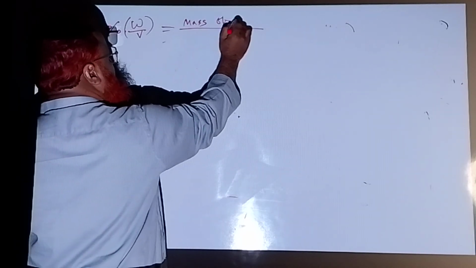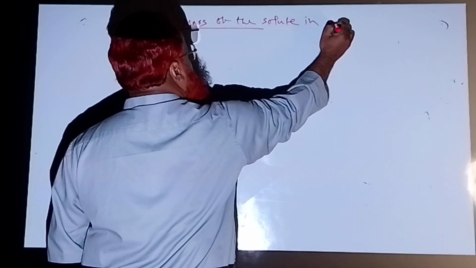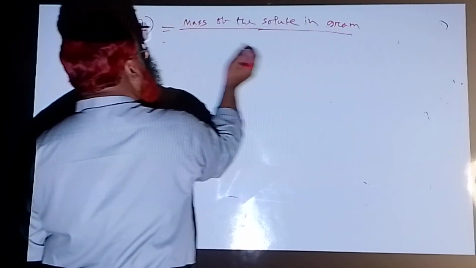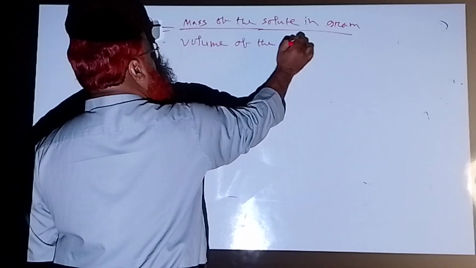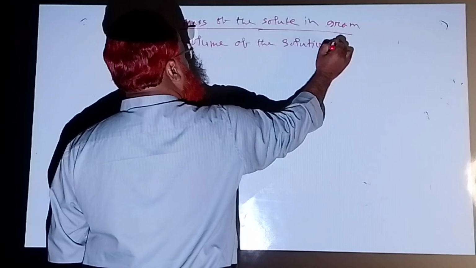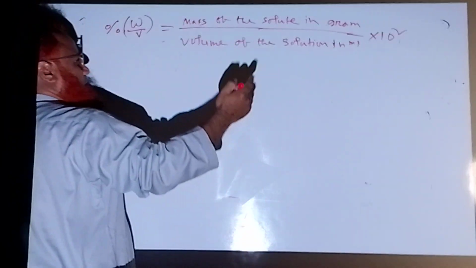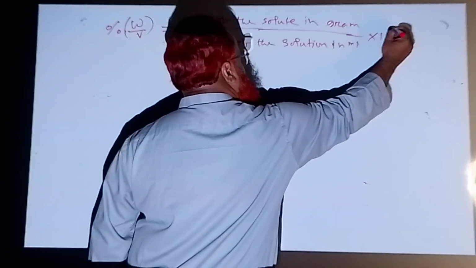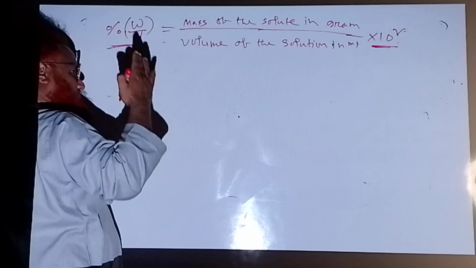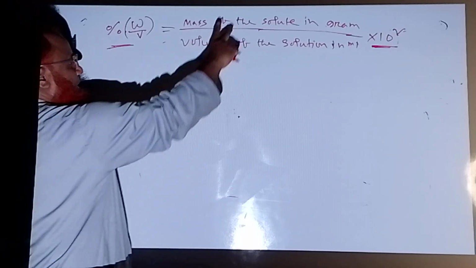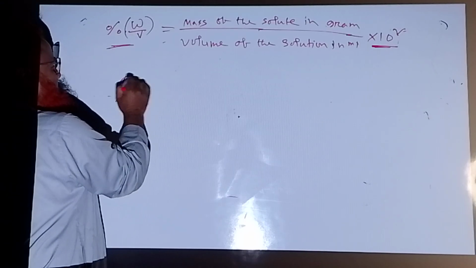So mass of the solute in gram divided by volume of the solution in ml multiplied by 100, or 10 square. 10 square and 100 are the same, so it is 10 square for percentage concentration. It is just the same, only different here, 10 to the power 6, when it is ppm.